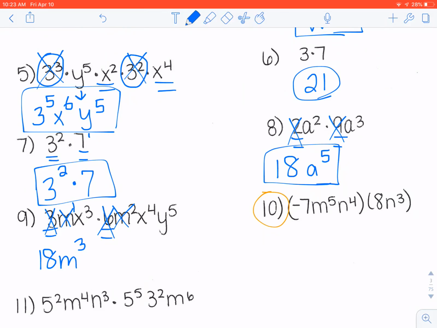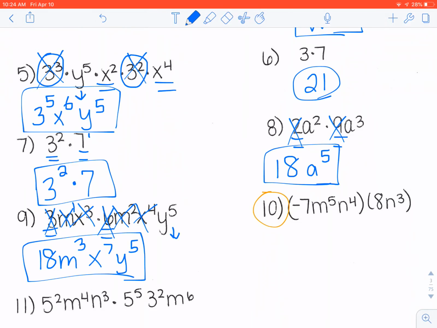Your x, x to the 3rd times x to the 4th became x to the 7th. And then since the y was by itself, you just dropped it down. So again, when you multiply letters having the same base, you are rewriting the base and you are just adding the exponents.